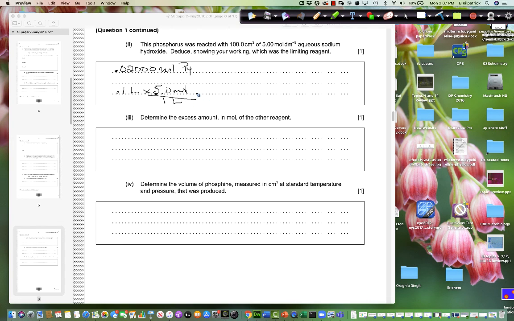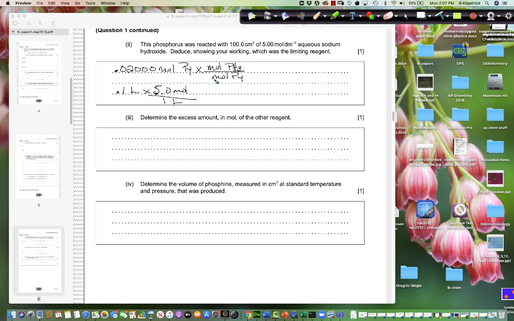Okay, so it's asking which is the limiting reagent. So let's just pick a product and go to it. I'm going to go to phosphine because if I look down here, it's talking about phosphine. So let's look at going to moles of PH3. Moles of P4 on the bottom, moles on top of moles. Look at your coefficients here.